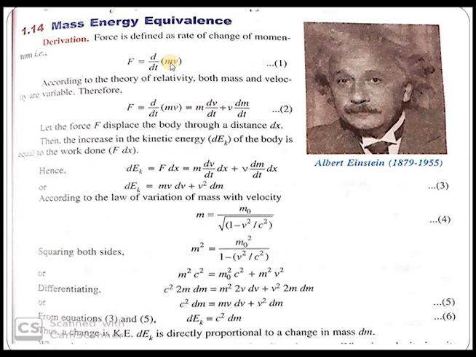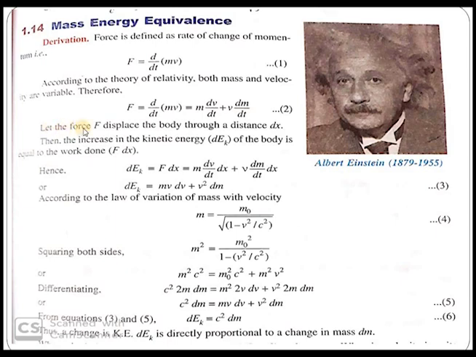Normally, we take mass as a constant, and dv by dt gives us the acceleration. But here I have to take into consideration the time rate of change of mass and the time rate of change of velocity. So the time rate of change of momentum, mass into velocity, is: first, mass into rate of change of velocity, plus velocity into rate of change of mass. Okay, that is clear for you.